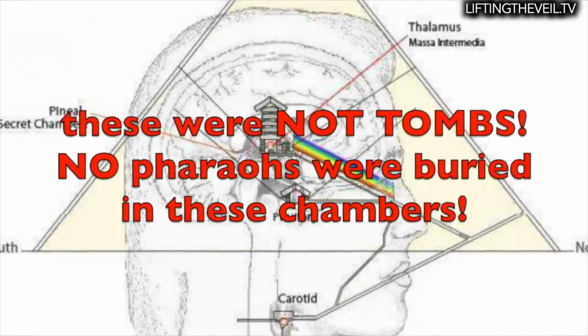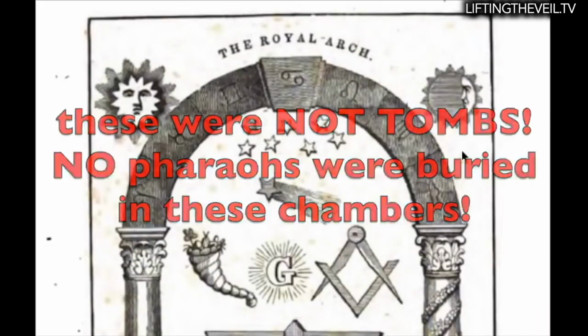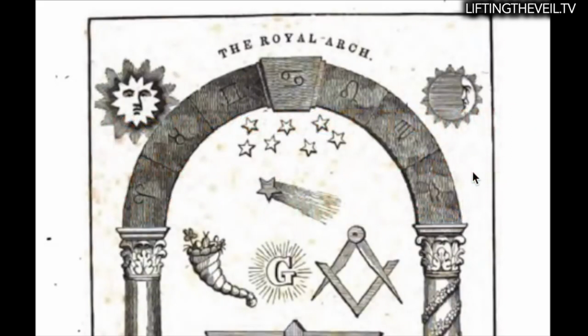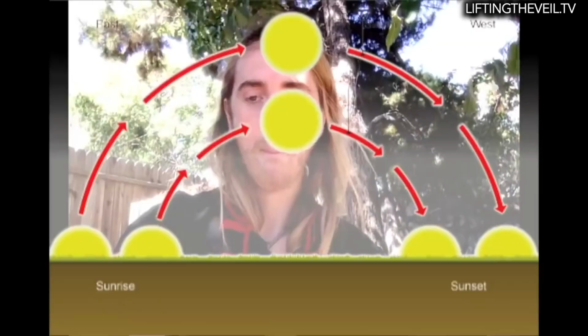And this is why it's the Royal Arch. And again, later on in the video, I'll explain more about why it's royal and how it relates to royalty, to the pharaoh, the king cobra, the king serpent, the basilisk, which means king serpent, which again refers to royalty. So I'll cover that in depth later on throughout the video.